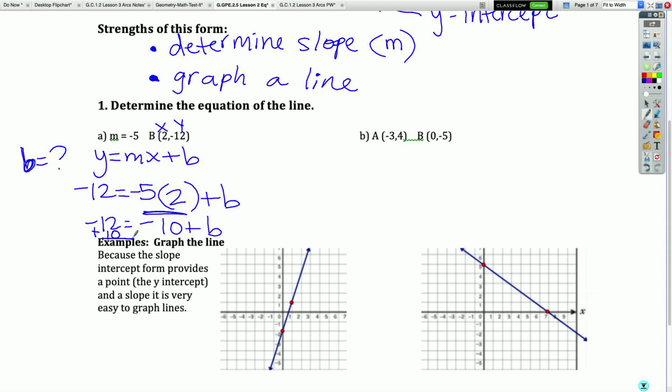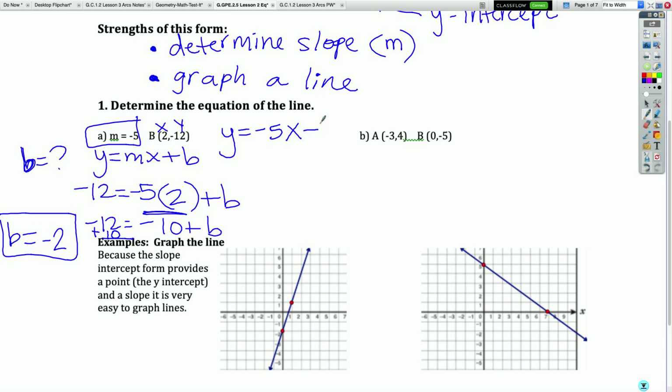So -12 plus 10 leaves me with a b value of -2. So I have my m and I have the b. My last step is to plug it back in, and it should be in y equals mx plus b form. So y equals my m, x, and then my b value is what? -2. And that would be the final equation of the line.